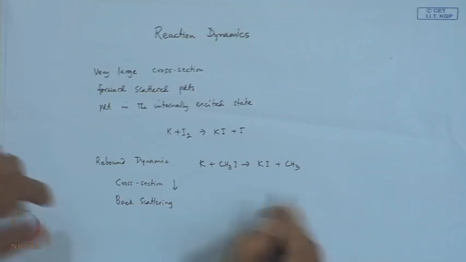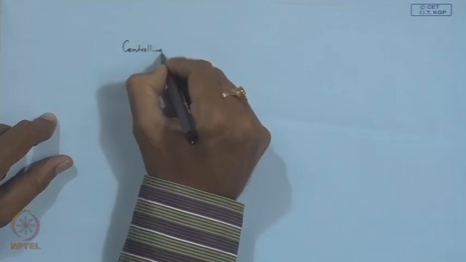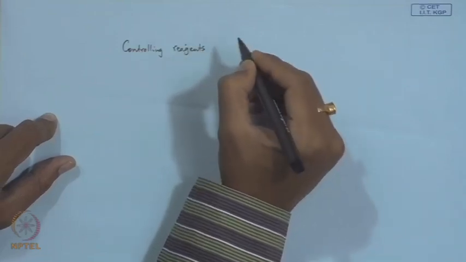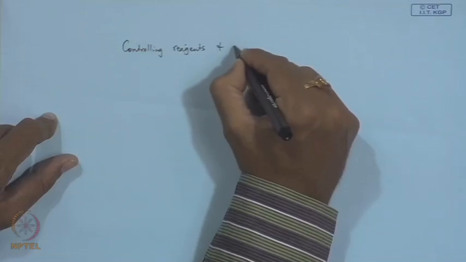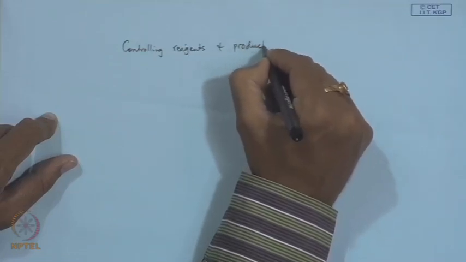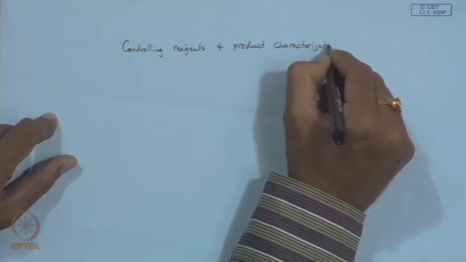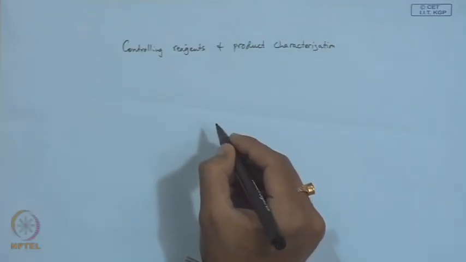Next, we will start with controlling reagents and product characterization. Now, how to select that?